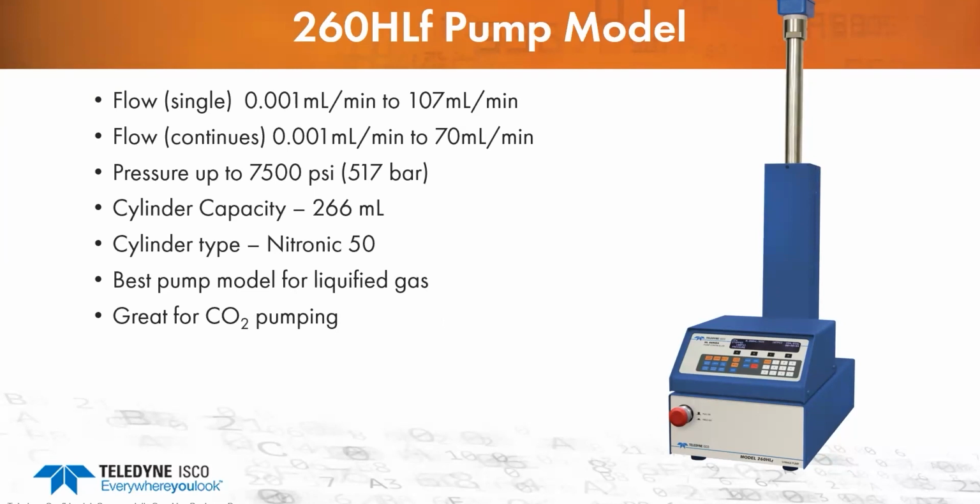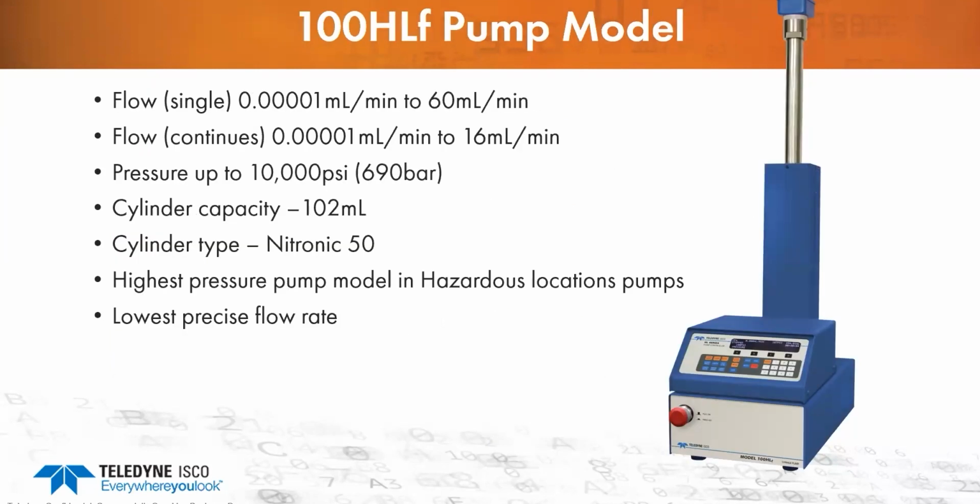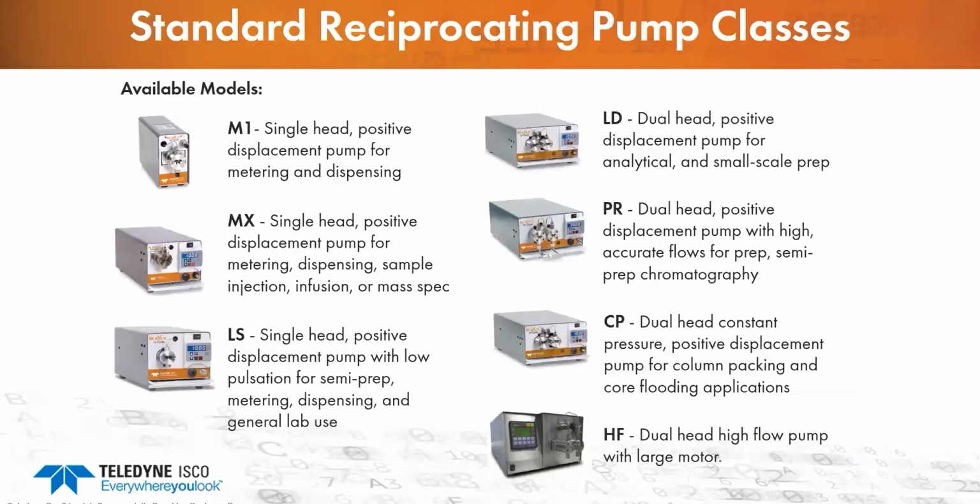The 260 HLF is the best model for liquefied gases, CO2, and higher precision flow rate types of pumping. The 100 HLF is the model with the lowest flow rate and the highest pressure in the HLF family of models.